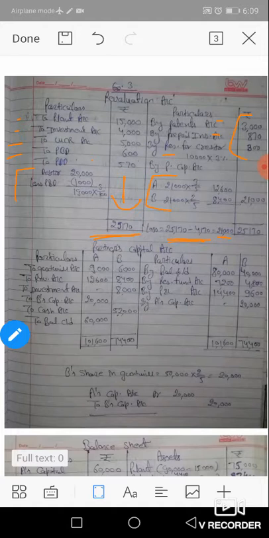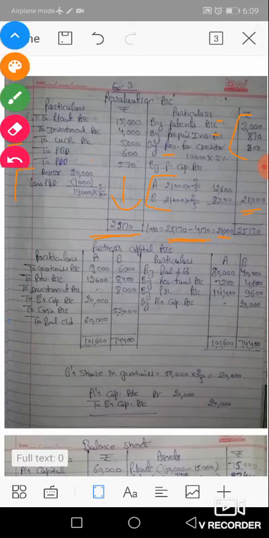So 12,600 for A and 8,400 for B, and the total 21,000 loss is transferred to the partners' capital accounts in their profit sharing ratio. Okay, this is our revaluation account. All adjustments are good.